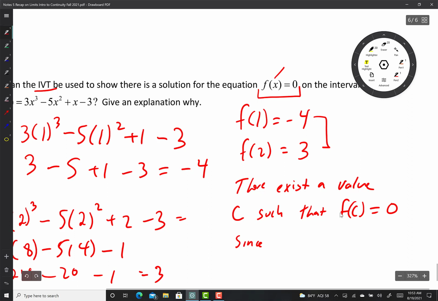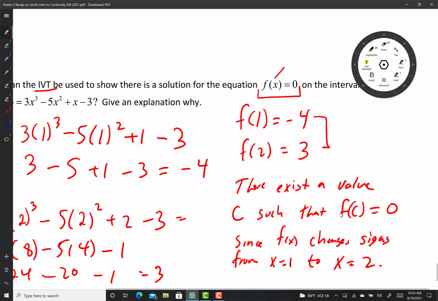Since f of x changes signs from x equals 1 to x equals 2. Does that make sense to you guys? Maybe it doesn't. There's other ways to say it.